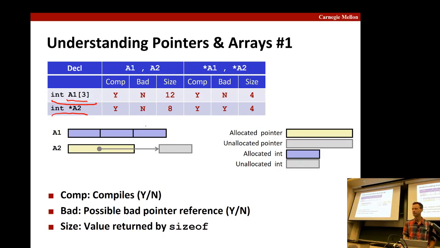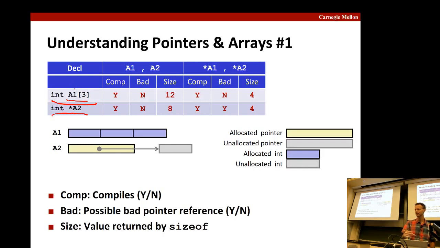Why is the size of A1 12 unless A1 is not a pointer? If you do the size of A1, A1 is an array of 3 integers. Is it not a pointer to an array, or is it itself the array? In some sense it's kind of both, right?